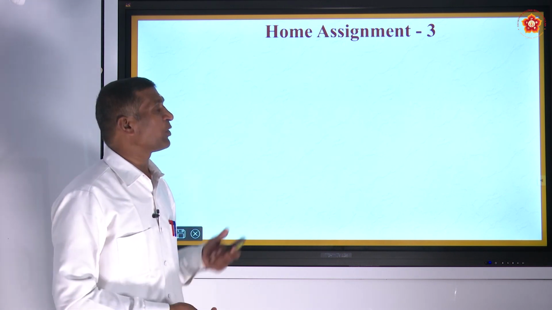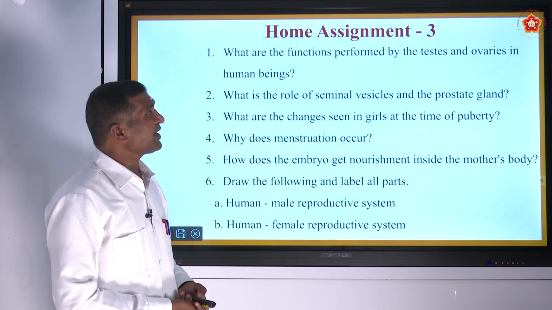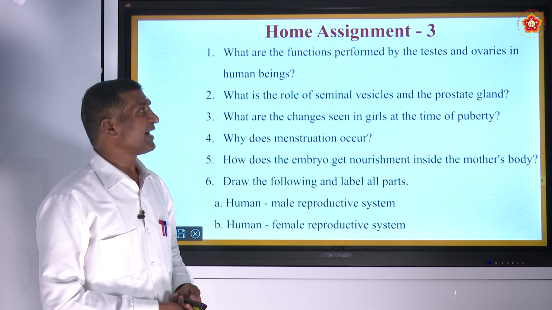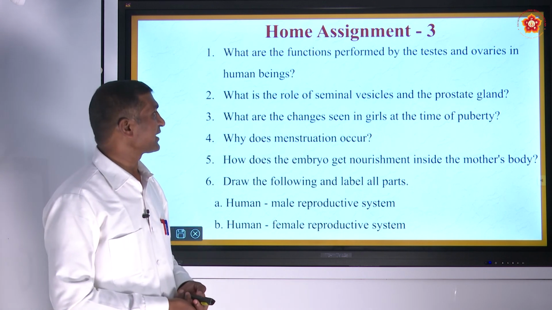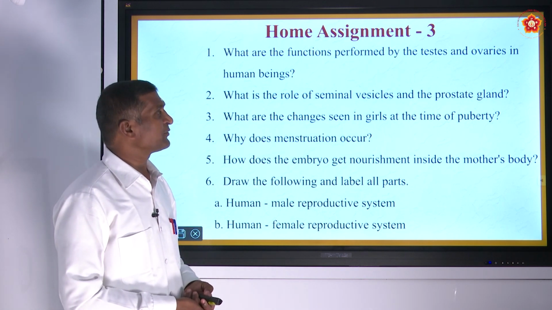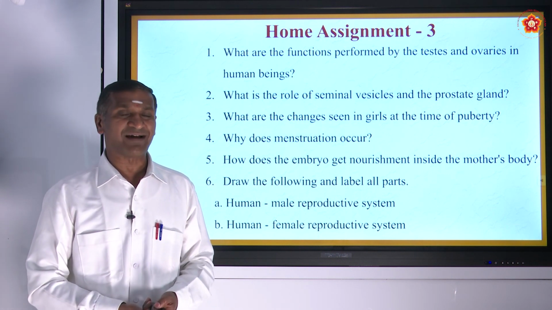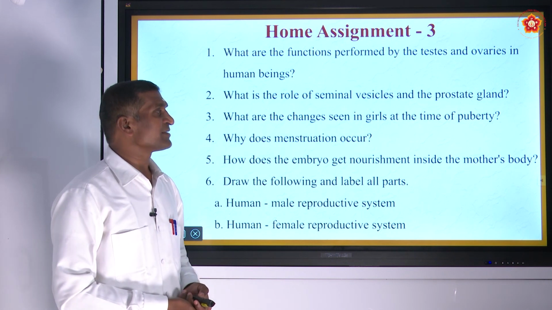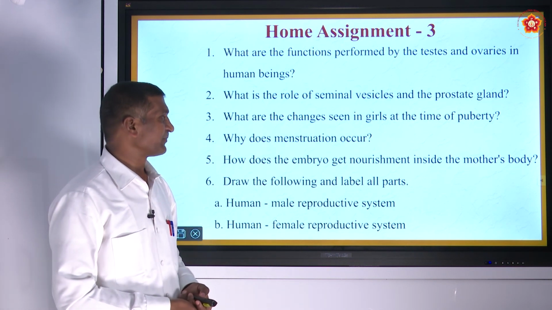For better retention, here you have home assignment 3. What are the functions performed by the testes and ovaries in human beings? Second question, what is the role of seminal vesicles and the prostate gland? Third question, what are the changes seen in girls at the time of puberty?